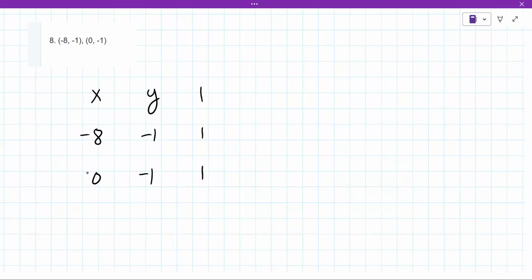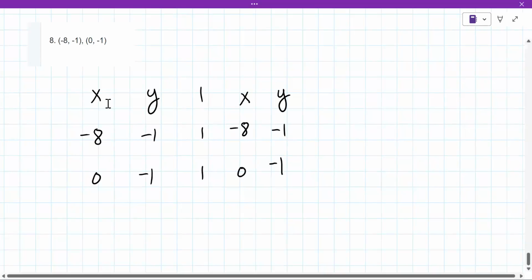Just like the previous problem, we're going to rewrite the first column and then the second column. So if you could, I'd like you to do the diagonal multiplication here on the bottoms. Let me know what you come up with.